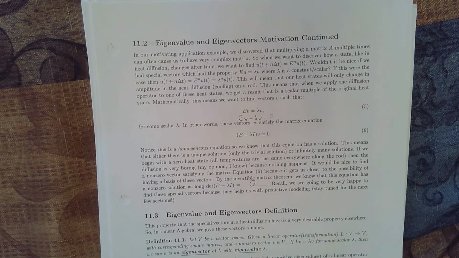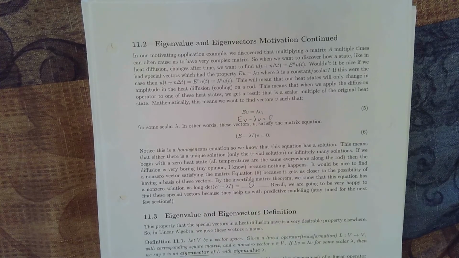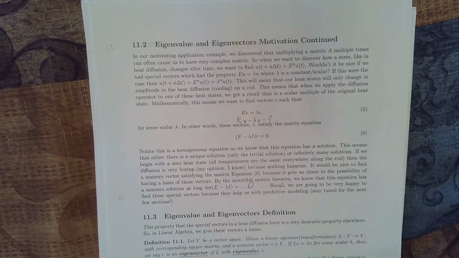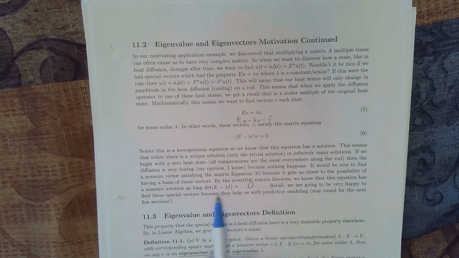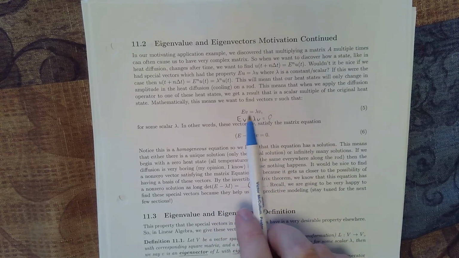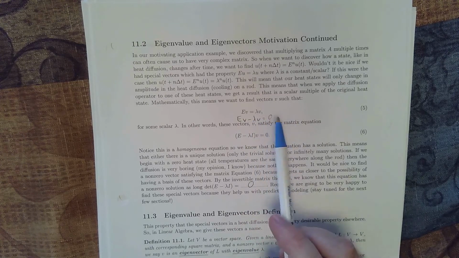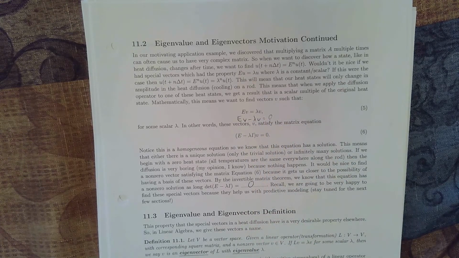So if we have the 0, then we have some non-zero solution to it. So what we'd like to do is figure out what those vectors are that satisfy this property of being the matrix times the vector equals some number times that vector. And there's going to be just some collection of vectors that we get from that.